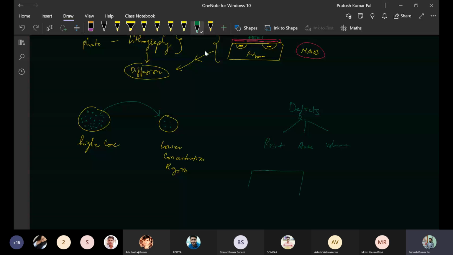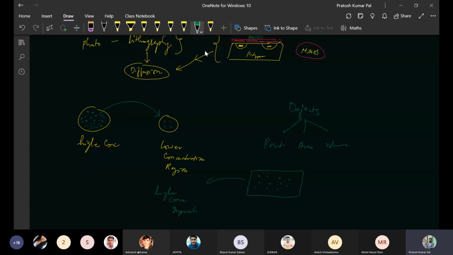So this is the crystal, and inside this there will be some defect. Defect is nothing but vacancies, some available spaces. This defect will have a low concentration of the impurity atom, and outside this there will be a high concentration of impurity atoms.